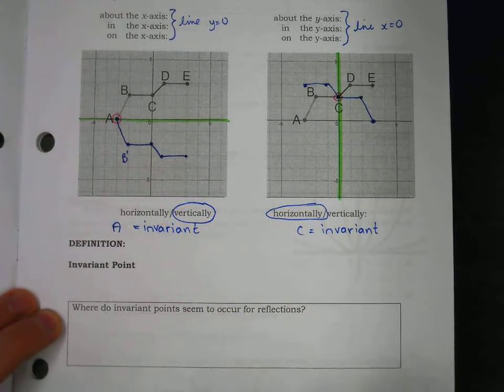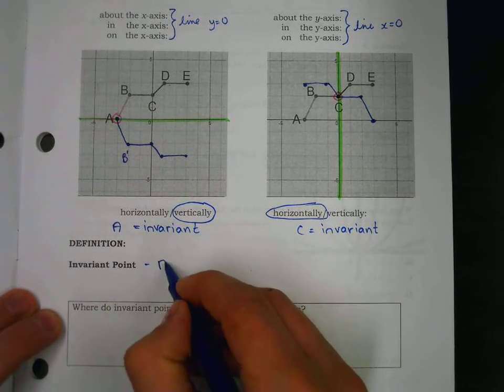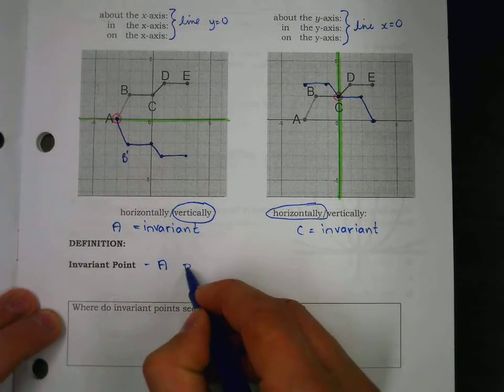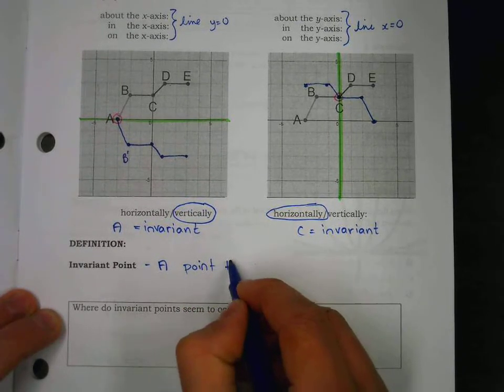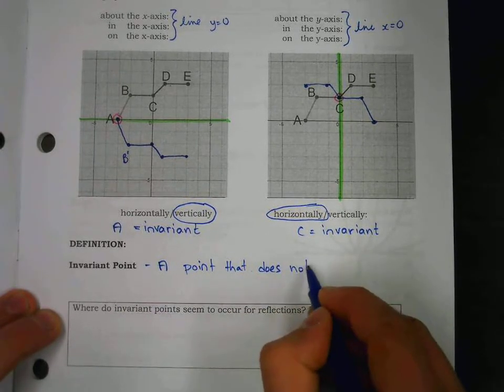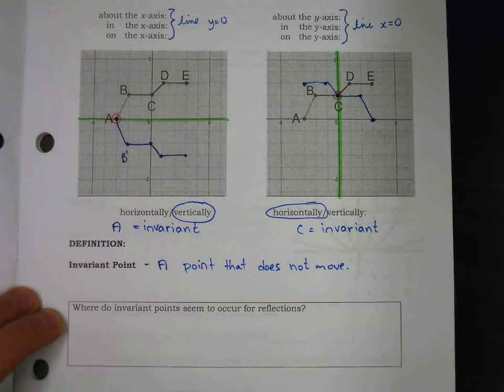As a bit of a definition, we'll word this similarly as we did last year, and we'll call this, in very nice language, a point that does not move. And that's simple enough. A point that does not move.